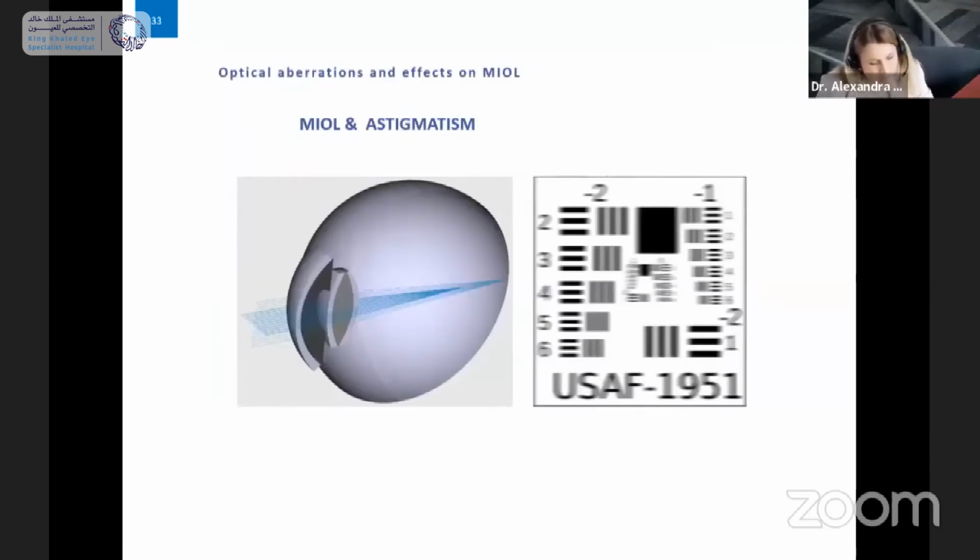And last but not least, when we are talking about developing or applying clinical application for practice, I would like to talk for a few slides about optical aberration and effects on multifocal IOLs, and mainly about astigmatism.